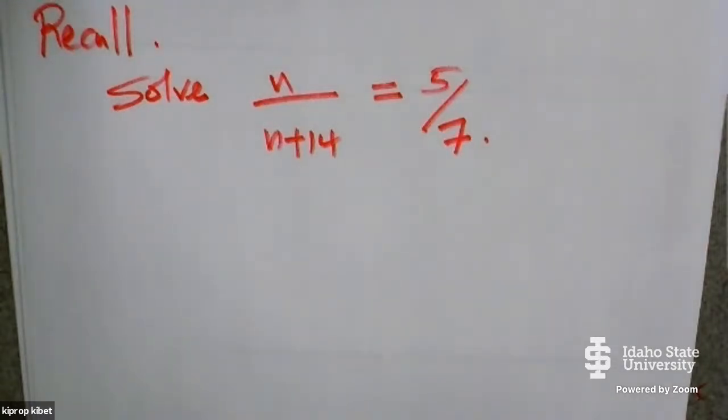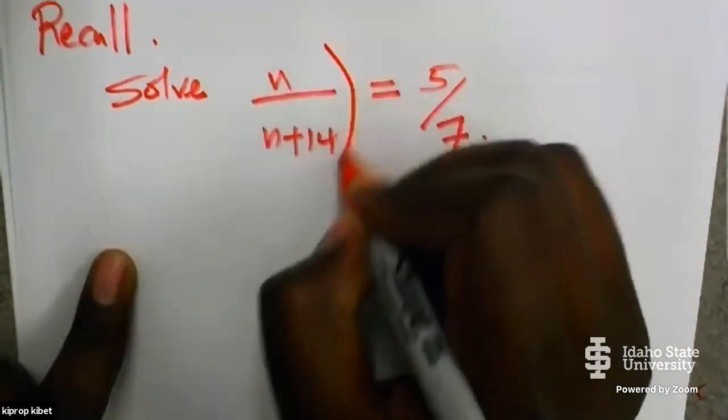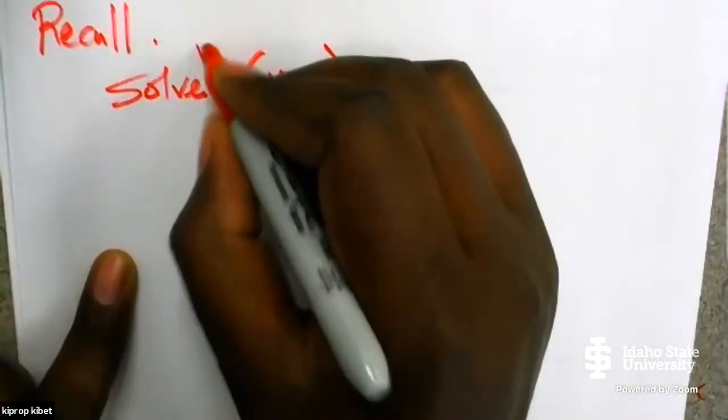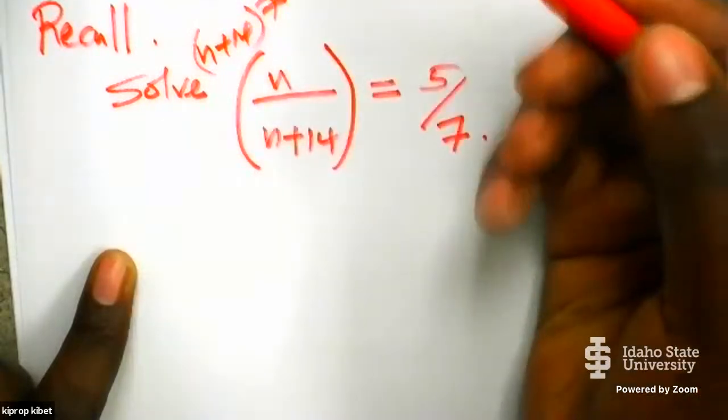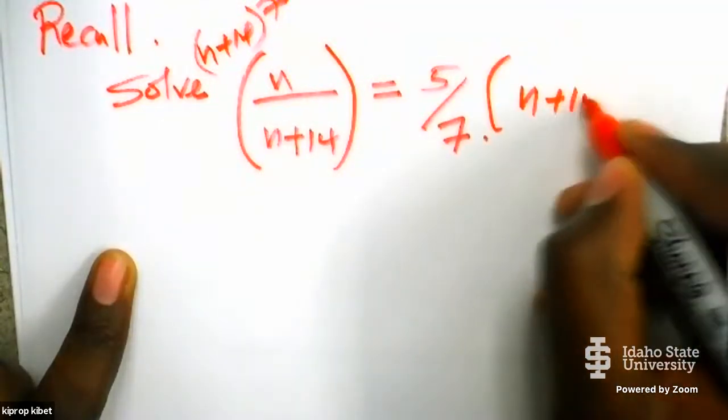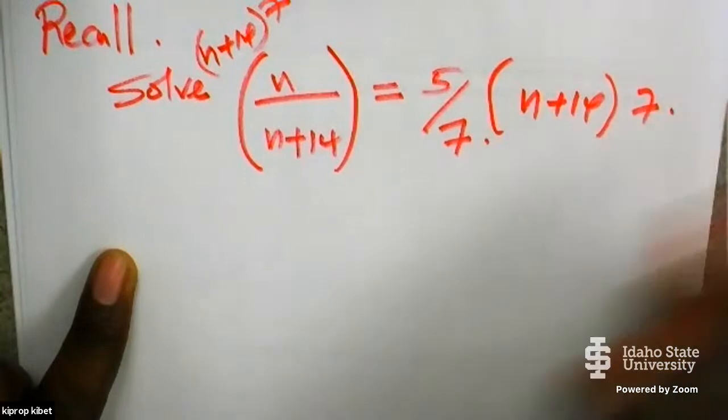Now, how should we get the value of n? We get it by multiplying by the least common multiple. Our least common multiple here is (n plus 14) multiplied by 7.